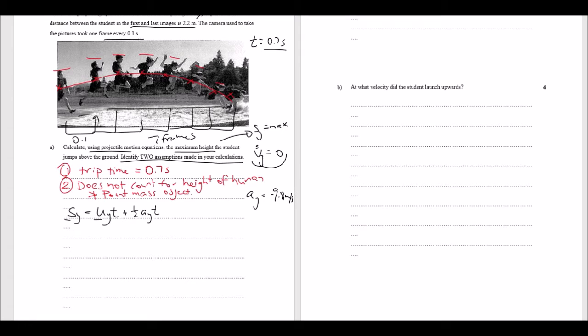And to find uy, I am going to use a different equation. Put it in a different color. I'm going to use this equation. The reason why I'm using this equation is because I do know what ay is. I also know what the time is. I know also that v is equal to 0. So v is 0 = uy + ayt.